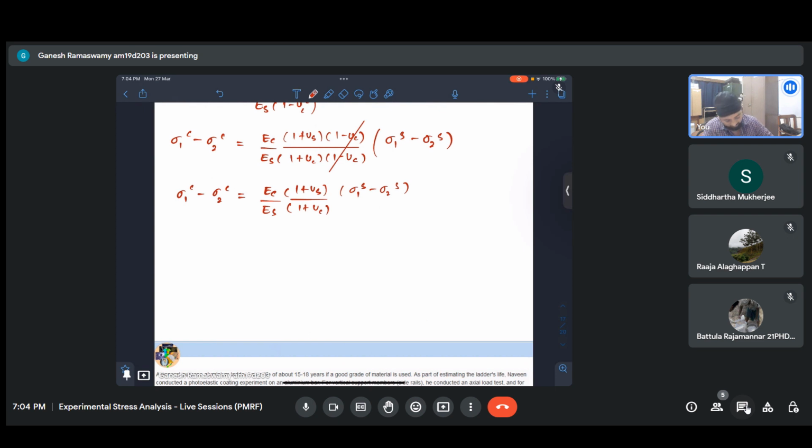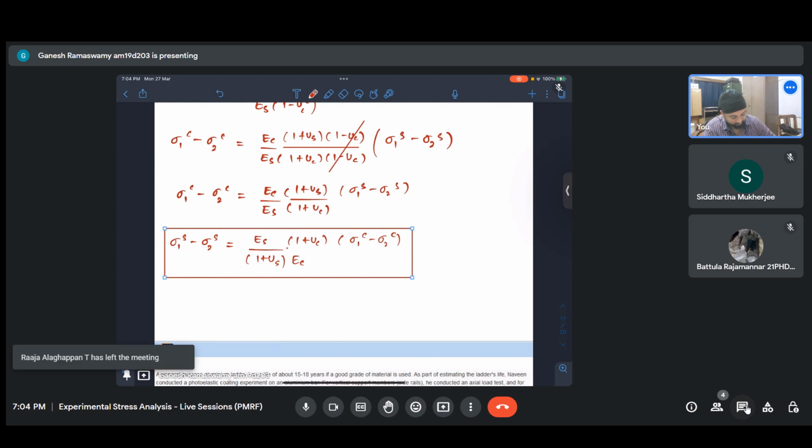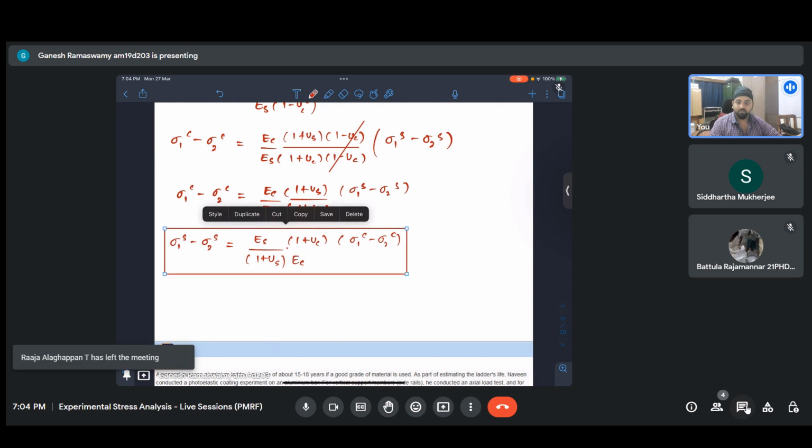So sigma 1s minus sigma 2s is nothing but Es into 1 plus mu s, Ec into 1 plus mu c into sigma 1c minus sigma 2c. This is how we relate our coating stresses to specimen stresses.